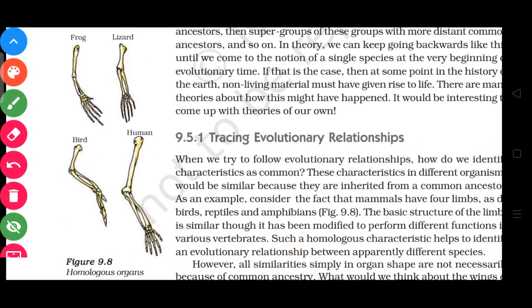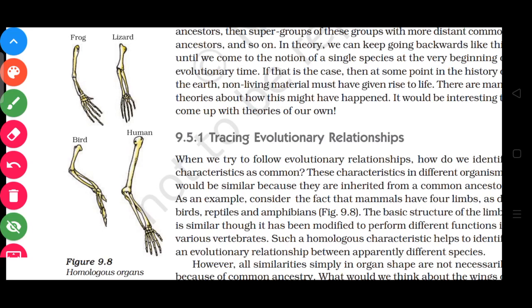Tracing evolutionary relationships. All mammals have four limbs. We also have four limbs. Reptiles have four limbs. We have two legs, two hands. Now let's see if birds have four limbs or not. The birds have two legs, we see that, but do they have two more limbs?